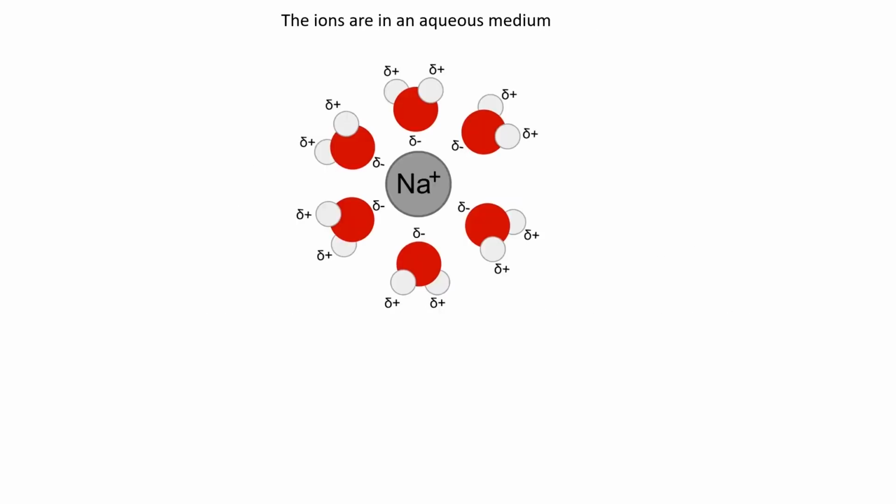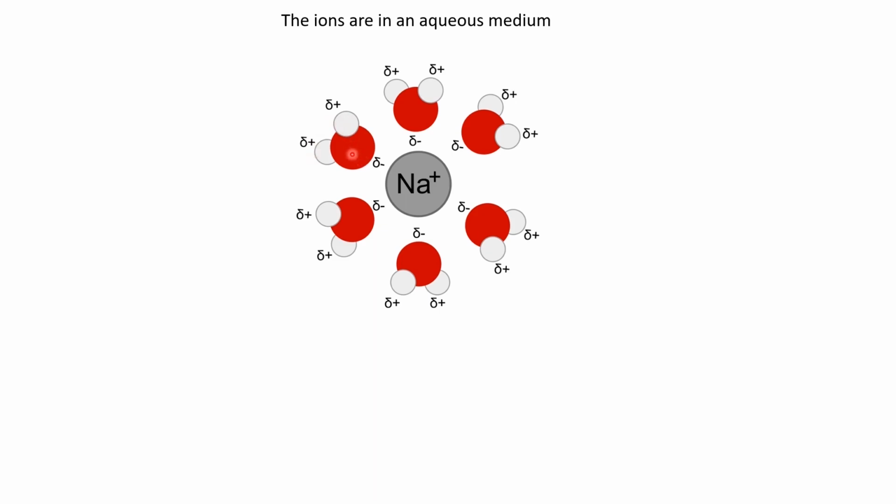A part of the solution lies in the fact that the ions are present in an aqueous medium inside or outside the neuron. So this aqueous medium contains a lot of water molecules, and if we look at a water molecule more carefully, the water molecule has an oxygen atom shown in red here and two hydrogen atoms shown in white here.